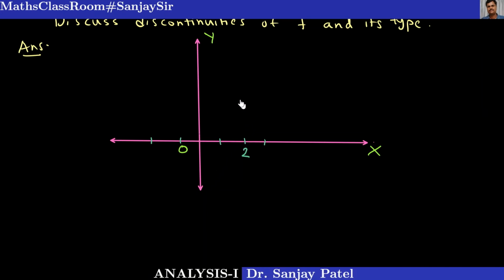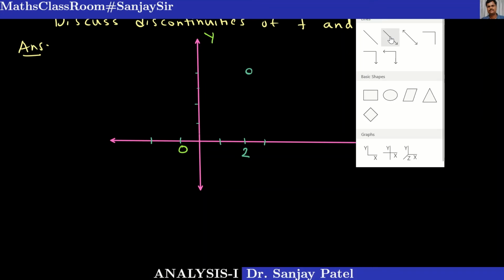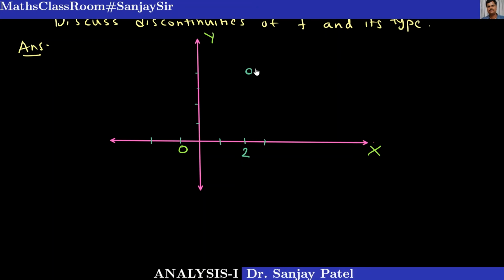Suppose I take a point here somewhere, corresponding to this, so we'll be getting a straight line passing through origin.